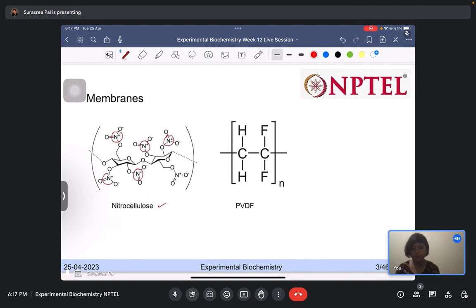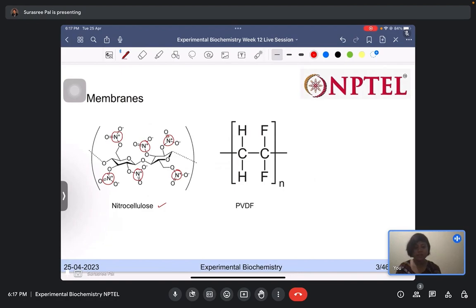So of course the negatively charged DNA molecules will tightly bind to this positively charged nitrocellulose membrane.